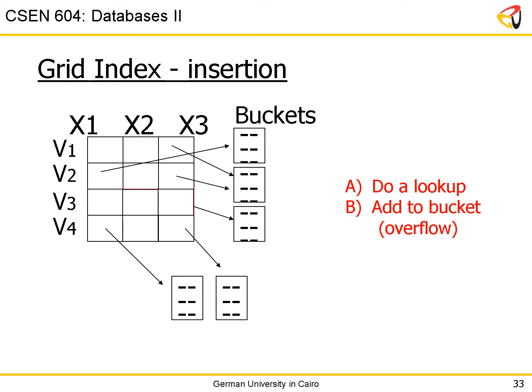Then we will come here and use the same algorithm that I have been describing to identify which one of the X's and which one of the V's we need to track, and consequently the intersection of the X and the V will give you a specific cell, a specific reference that you go to, a specific bucket basically, that you will put the key that you just inserted in, as part of the row, and the reference to where that row is. Okay, so basically in order for the search to work, you have to use the same logic in the insertion, and in order for the deletion to happen, you still have to find the right bucket. So you follow the same logic.